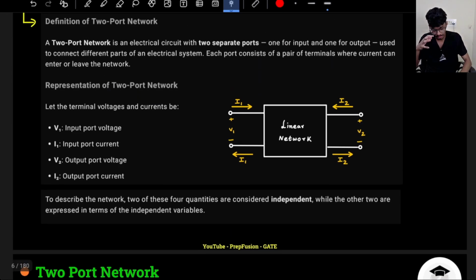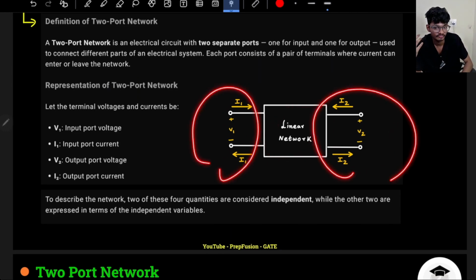So a network can be described with the help of these four variables. The characteristics of the whole network can be described with the help of these four variables.